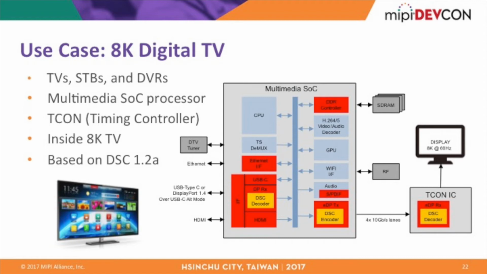Finally, you want to bring that output image to the panel. The panel for an 8K television is going to have to run at a really fast speed. And considering an 8K television will be a big panel, bringing transmission lines over a long distance in the back of a panel will be a big challenge.